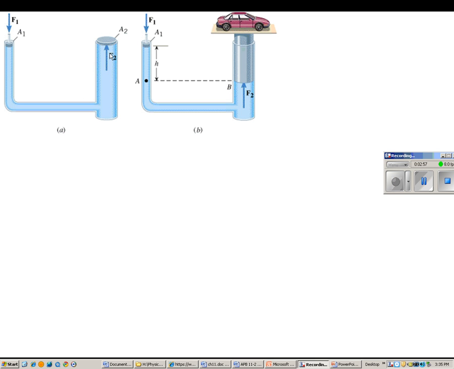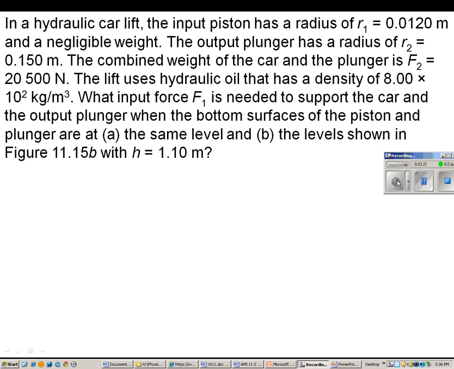Question A is asking us to find F2 when the two are at the exact same height. And then question B is asking us to find F2 when this height is different. There's a height here. And actually, they're not asking us to find F2. They give us F2. They want us to solve for F1 in both cases. They told us that F2 is 20,500 newtons.